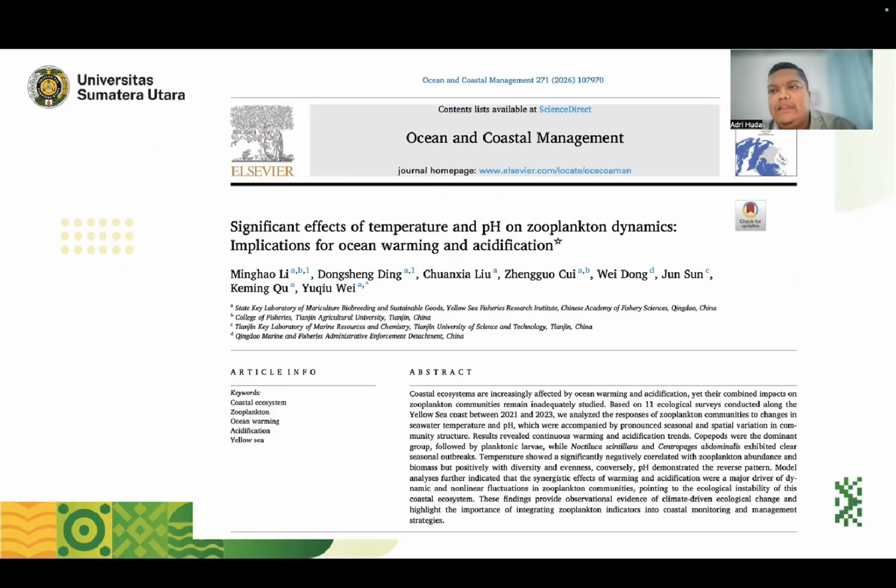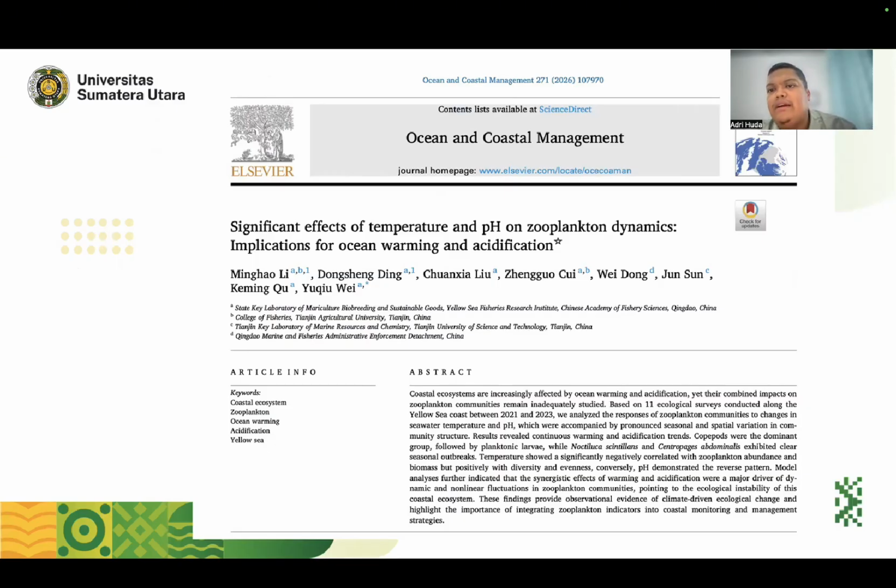Again, this is the combined effect of the rising temperature from climate change and also ocean acidification due to the massive amount of gases released into the atmospheric system, making the ecosystem worse than before.